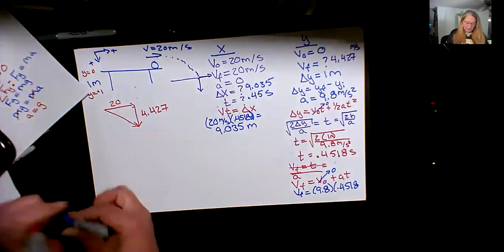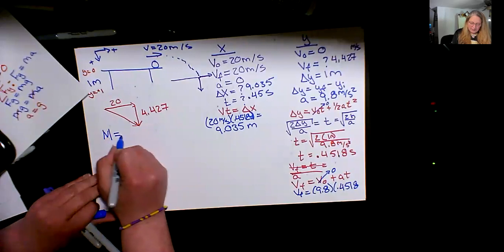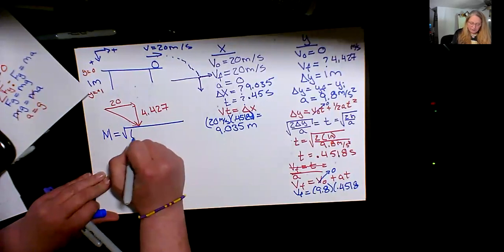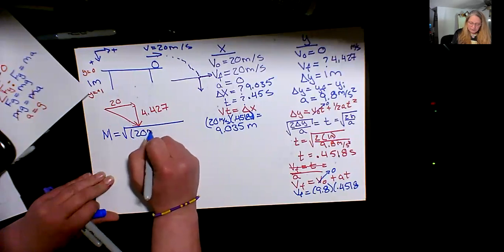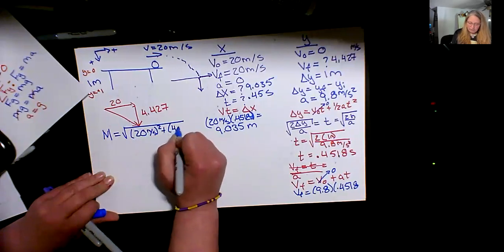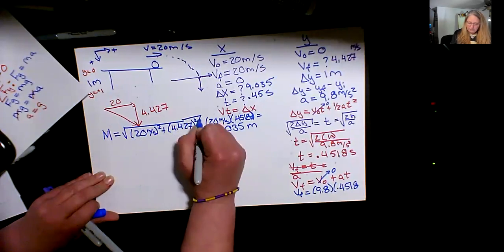So that one then is going to be the magnitude of the velocity is the square root, just using Pythagorean theorem, of 20 meters per second squared plus this 4.427 meters per second squared.